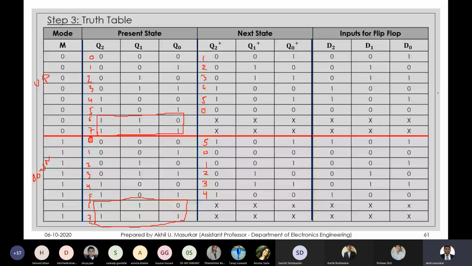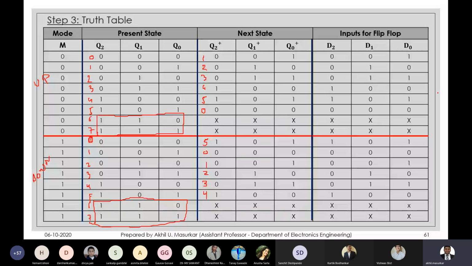So each of the inputs of the flip-flops, that is D2, D1 and D0, will depend on four variables, that is M, Q2, Q1 and Q0. That is why now we have to use a four variable K-map for D2, D1 and D0 each. For D2 we will get one equation, D1 one equation and D0 another equation.